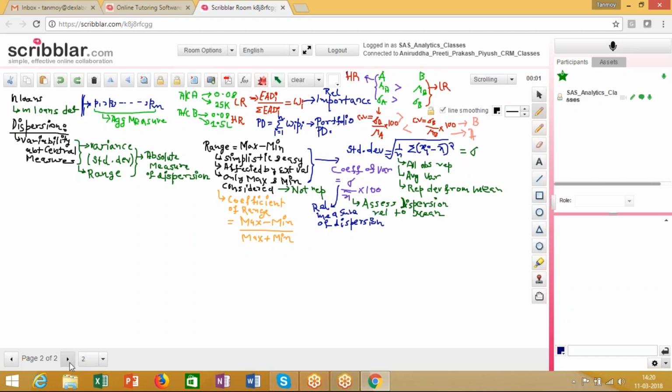Now, what is it that we can interpret about the behavior of a variable using these measures of central tendency, dispersion, etc.? So, the question that we try to answer today is how do we use these measures to create insights?